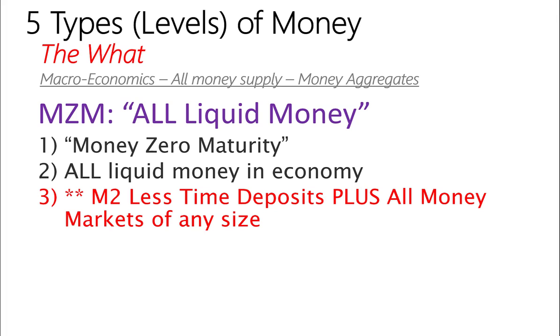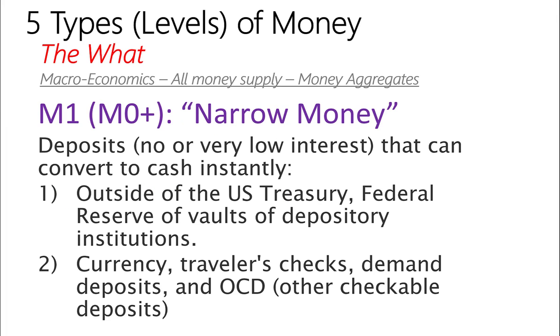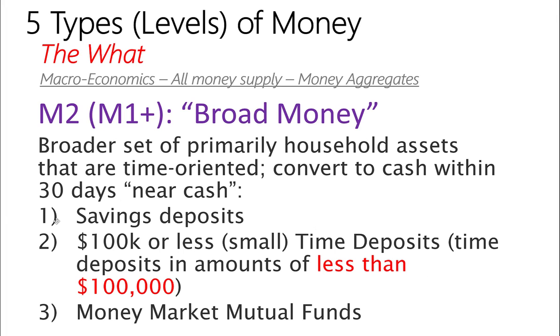If you remember when we went back to the early liquid money, even with M1, with M2, there were some time deposits on there, but we had under $100,000, so there was a limit.